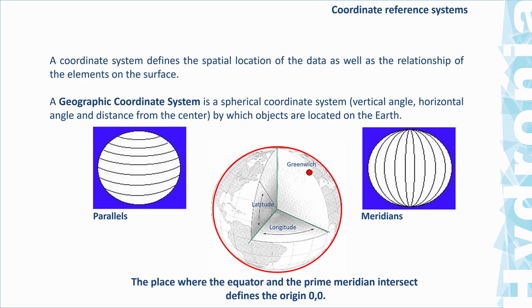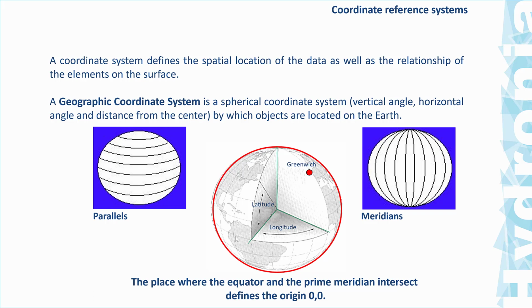For that, we use a vertical angle, a horizontal angle, and the distance from the center. These are the spherical coordinates that we use standardly to represent a point on the Earth's surface.